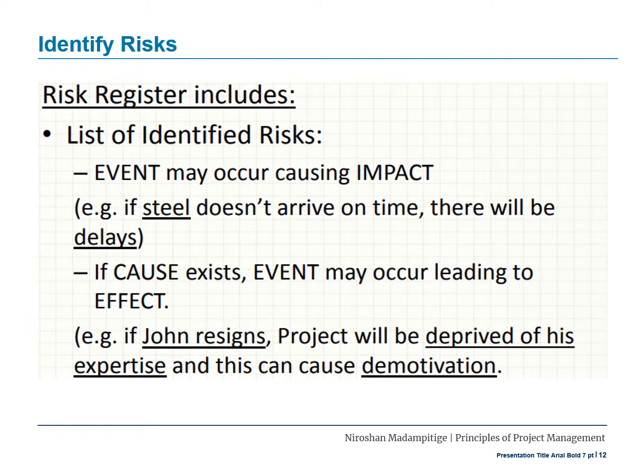The risk register includes a list of identified risks. Any event that may occur causing impact will be documented. Example, if steel doesn't arrive on time, there will be delays. That is a risk which goes to your risk register.